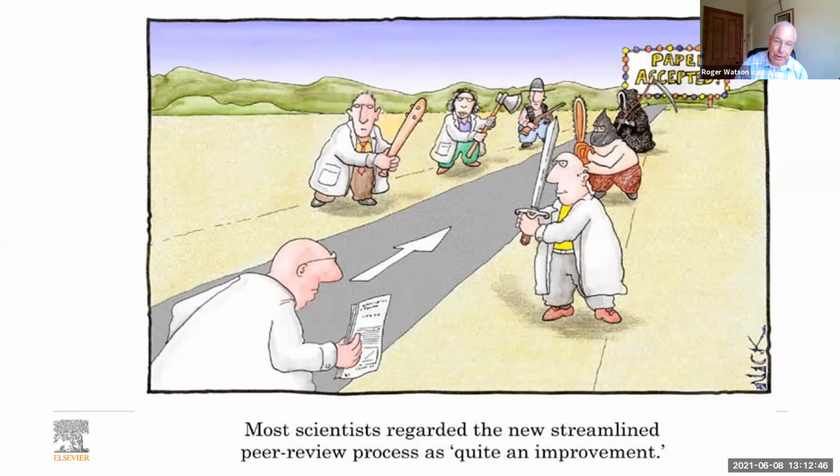What you're trying to do is to get your manuscript from the bottom left side of this cartoon up to the top right-hand side, and to have your paper accepted. And I know very well what it feels like. It feels that at several steps along the way, there are people who are trying to stop you from getting published. That's what it feels like. That isn't actually what it's meant to be like.